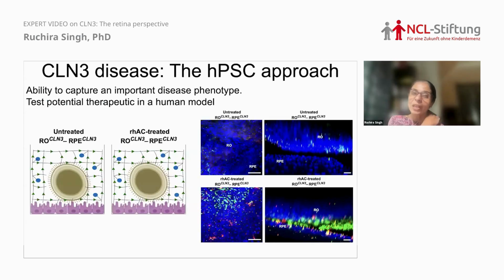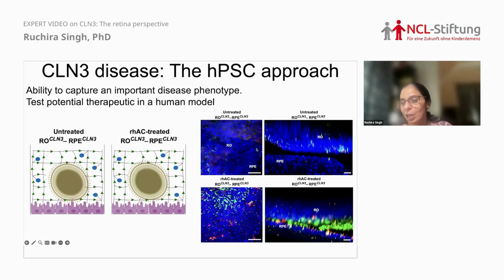And also from the perspective of therapeutics, the organoid model allows us to test a potential therapeutic in a human model. So just showing an example here, we've been looking at recombinant acylceramidase as a treatment for CLN3 disease. And so we treat our mutant cultures, these are complete mutant cultures, with recombinant acylceramidase.